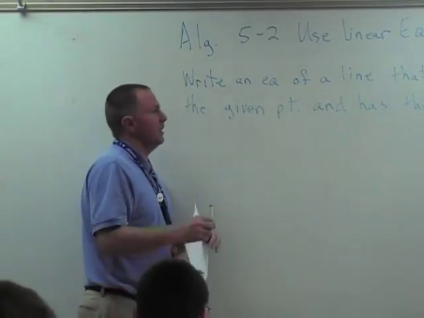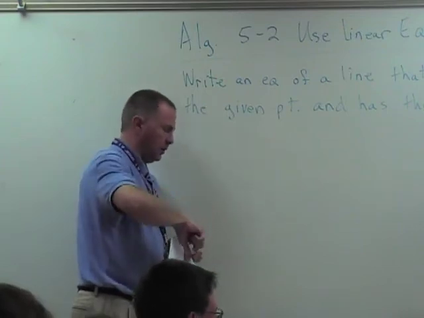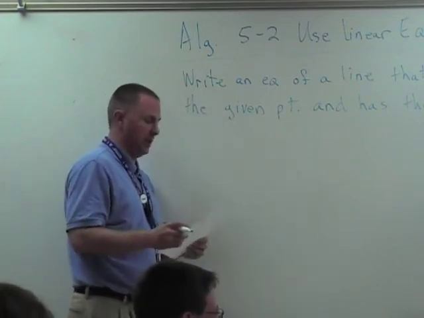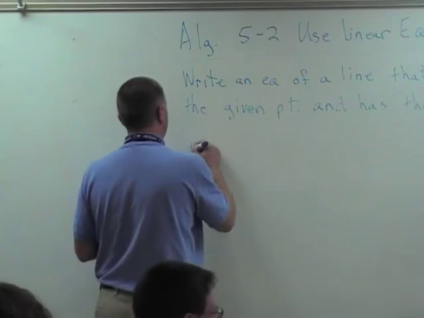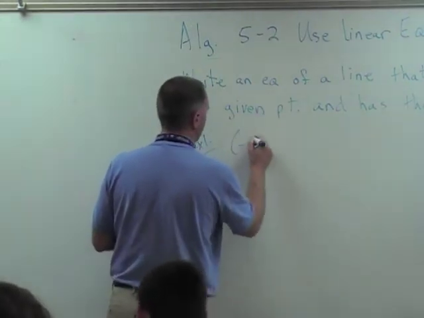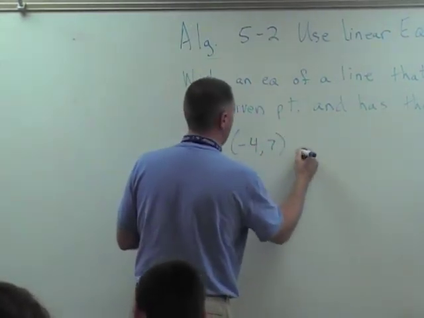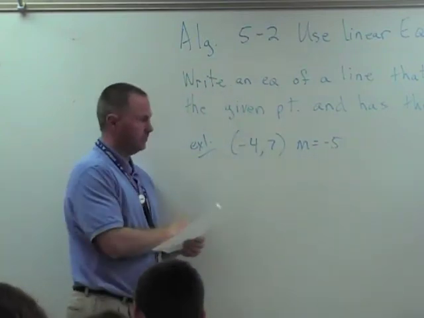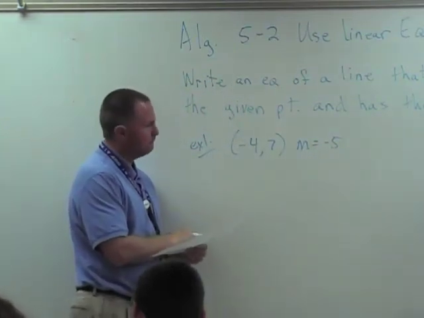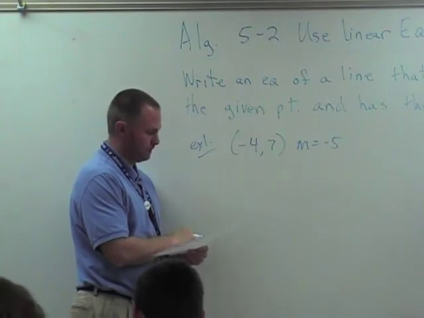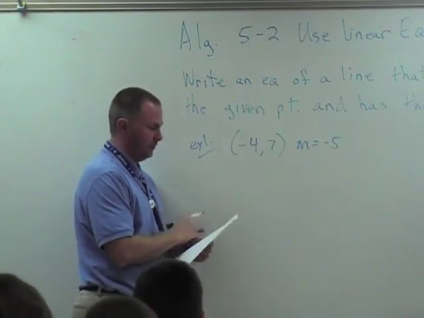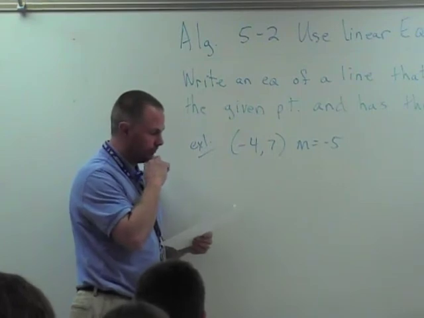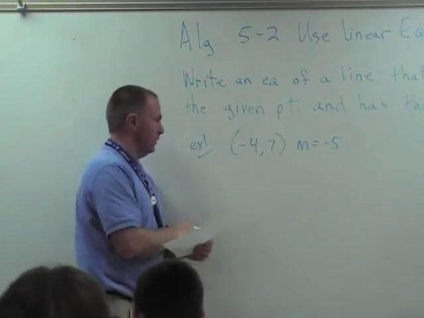So you're going to see questions like this on your other exams. Here's example 1. The point is (-4, 7), and the slope is -5. Here's how you do this.